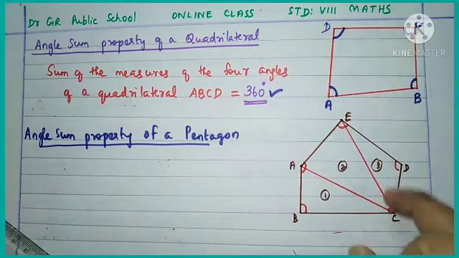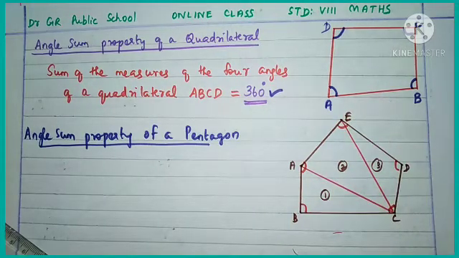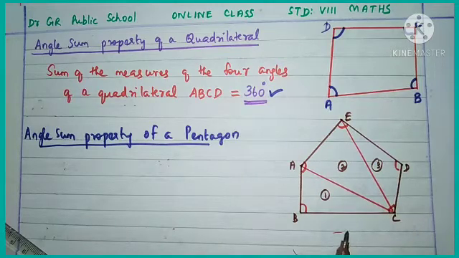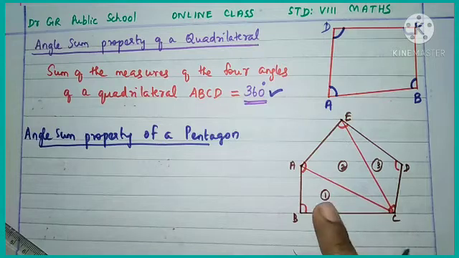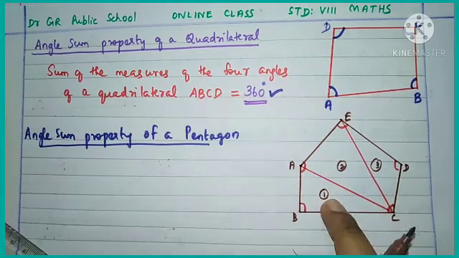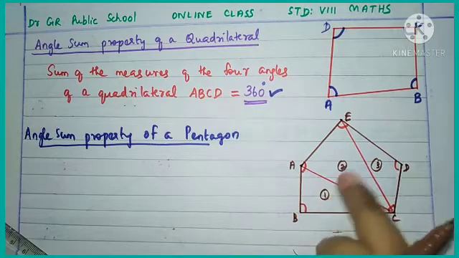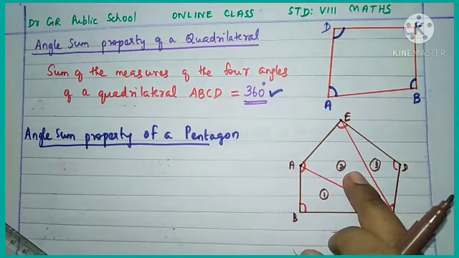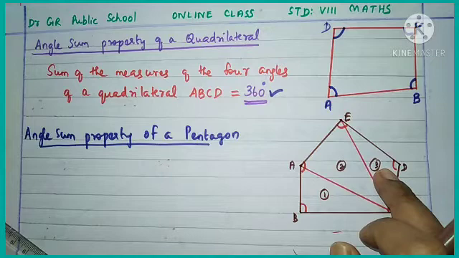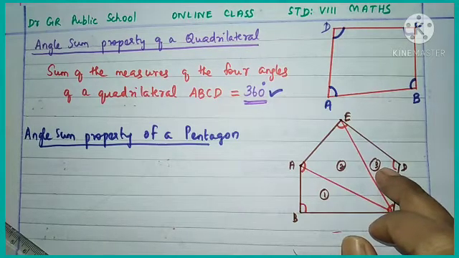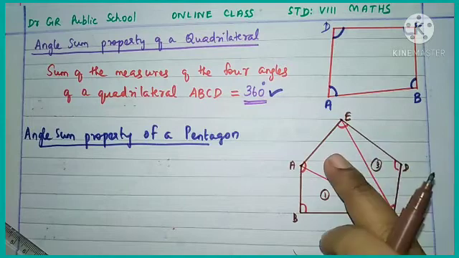AC and CE. Now can you say what is the angle sum property of this pentagon? Okay, use the angle sum property of a triangle. What is the angle sum of this first triangle? 180 degrees. What is the angle sum of the second triangle? 180 degrees. And the third? 180 degrees. So what do you want to do for finding the total angle measure of this pentagon?